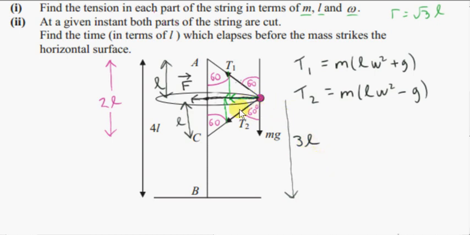Now if the string is cut, the mass will initially move in the direction of the velocity, which is in the horizontal plane. So the velocity vector is tangential to this horizontal circle. So the mass will move in that direction. But then, of course, as soon as the string is cut, gravity is acting, so the mass is obviously going to fall to the ground.